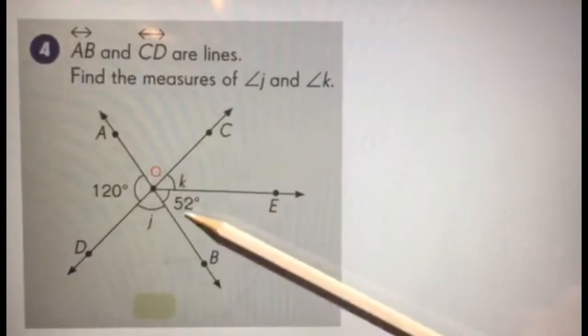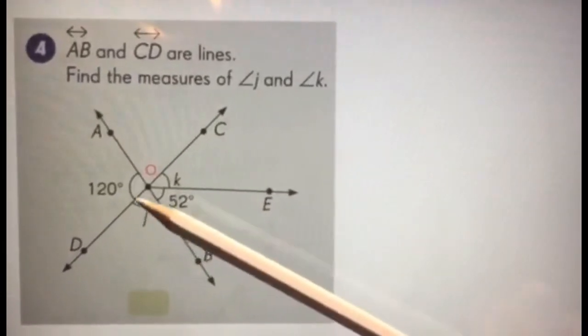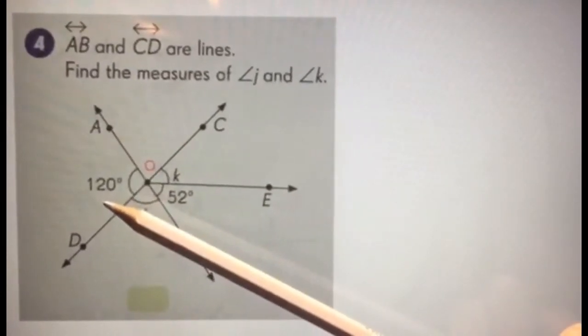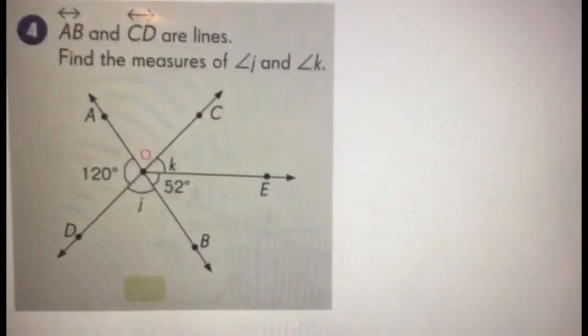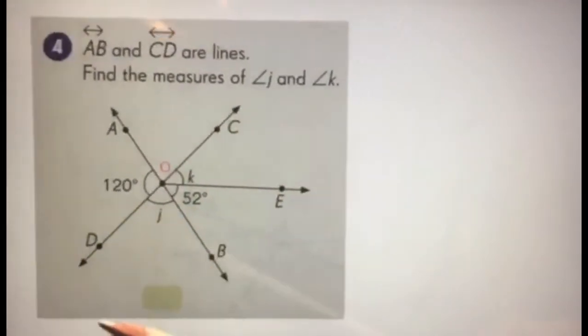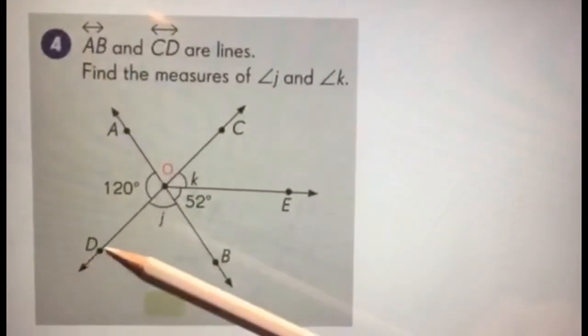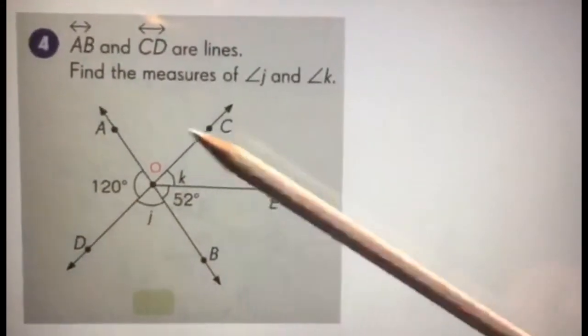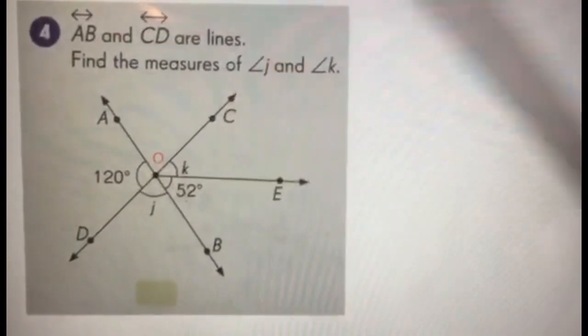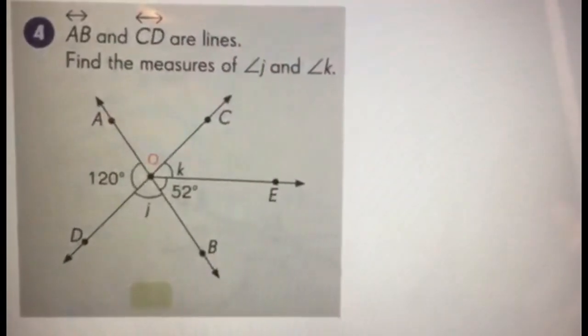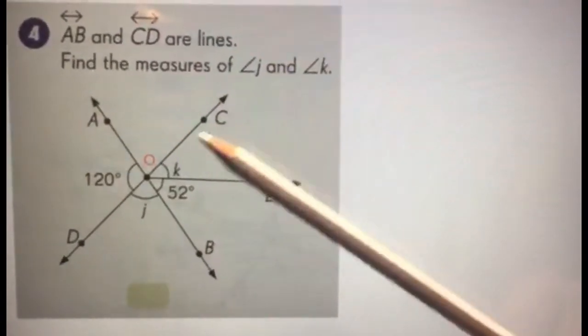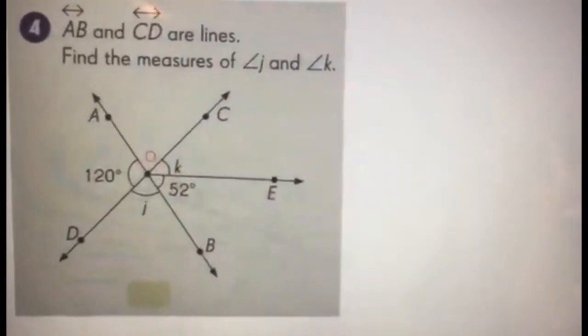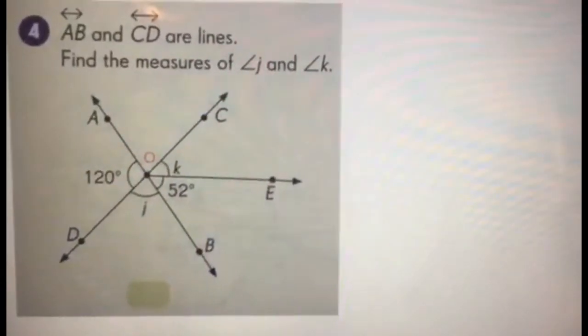They're on the line AB. So angle J plus 120 degrees would be 180 degrees. Now we know that J is 60 degrees. And angle DOB and angle AOC are vertical angles that we just talked about. So we would know angle AOC is also 60 degrees.